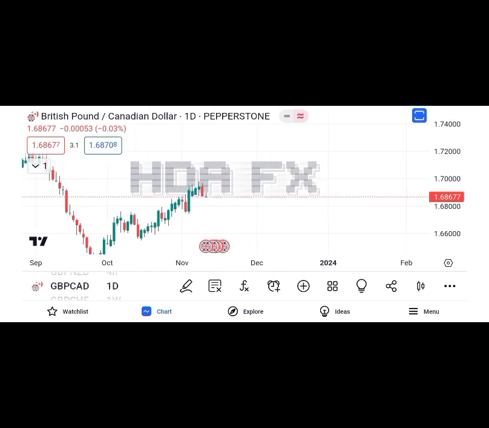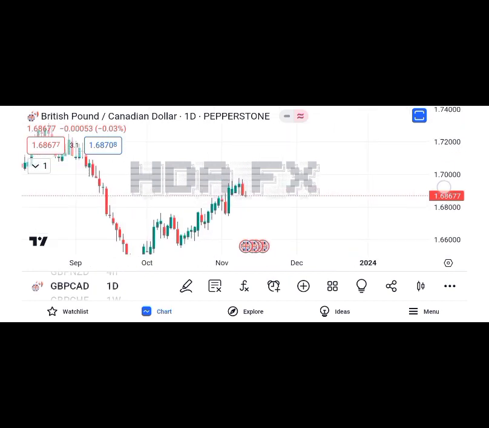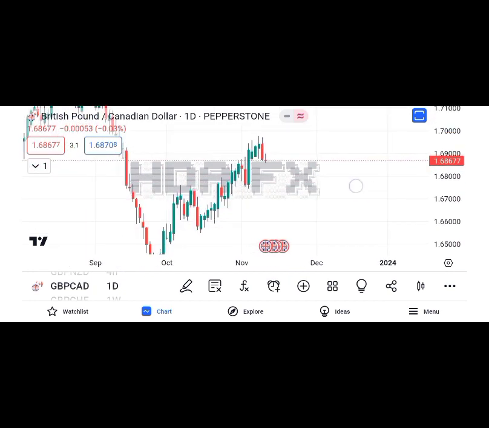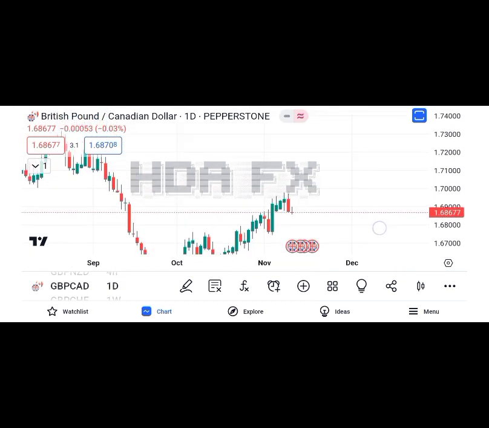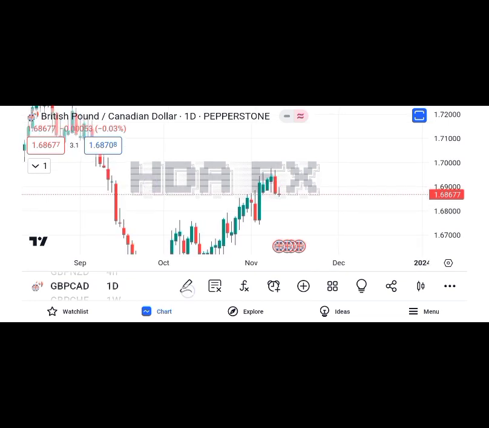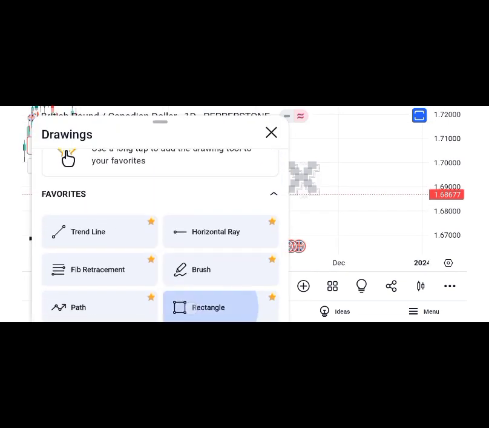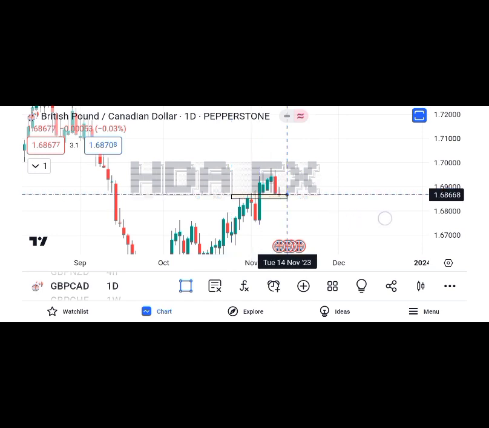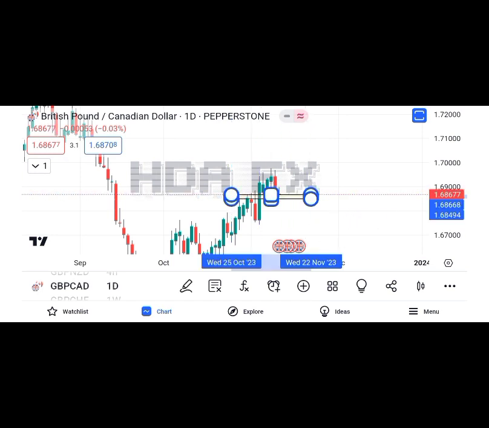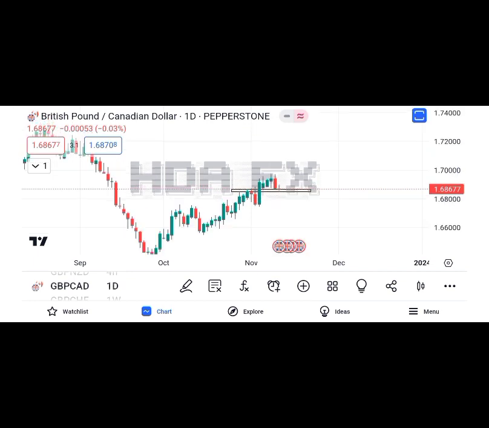So our next pair we'll be looking at is GBP CAD. Starting from the daily time frame, we can see that GBP CAD is kind of bullish. We can spot this key level here, a key level here, a key level at this very point on GBP CAD, and another key level here.